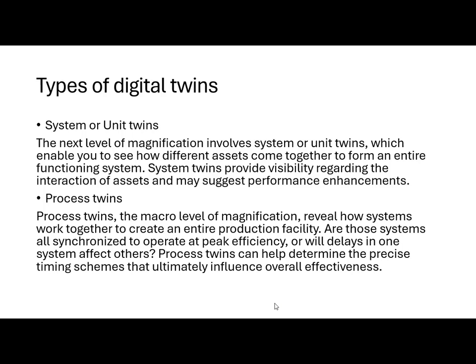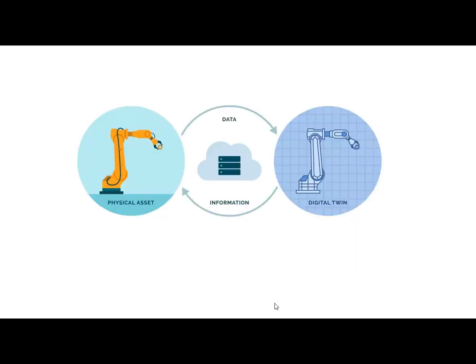Process twins, the macro level of magnification, reveal how systems work together to create an entire production facility. Are those systems all synchronized to operate at peak efficiency, or will delays in one system affect others? Process twins can help determine the precise twinning schemes that ultimately influence overall effectiveness.